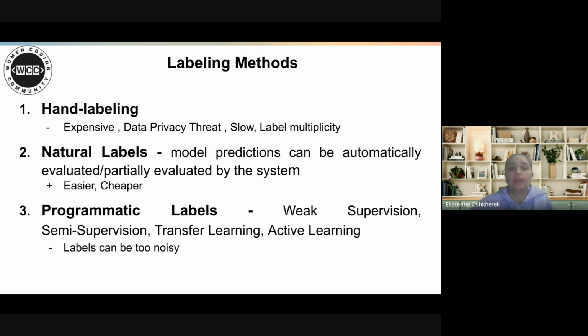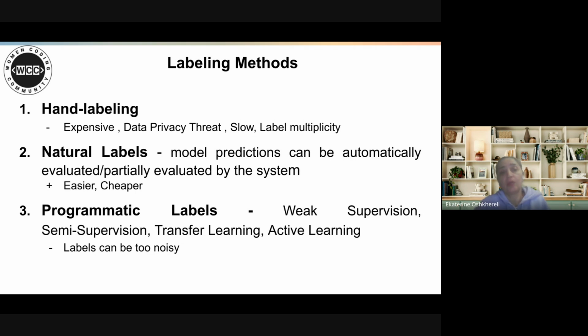Yes. When you decide on the method of how we collect our data, it's crucial to have good labels. Today most machine learning is supervised learning. Of course, there are unsupervised and supervised, but most of them are supervised.